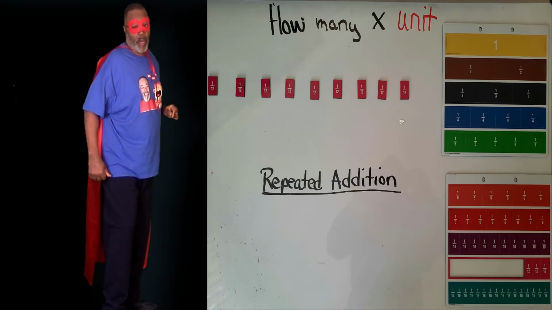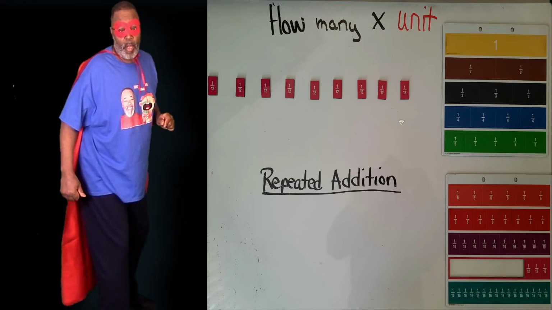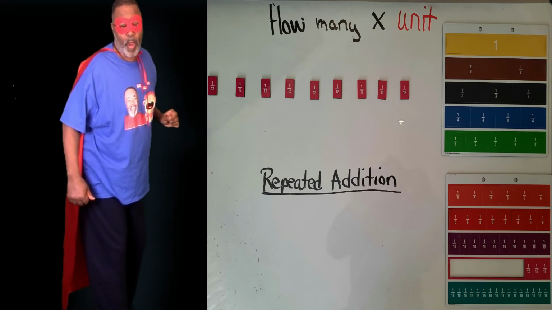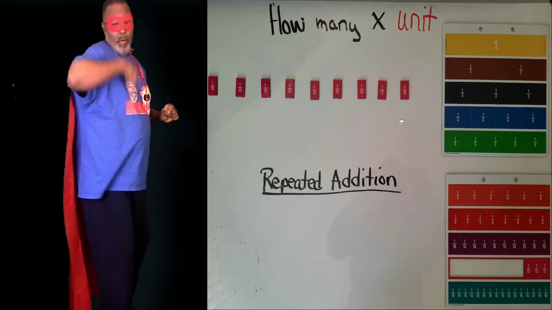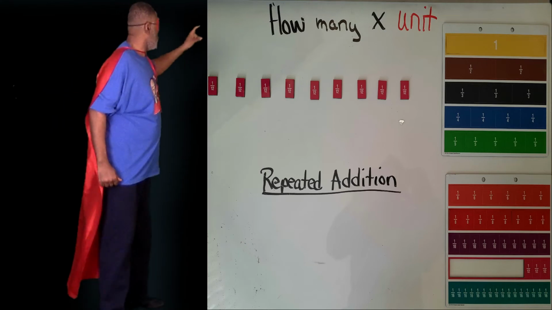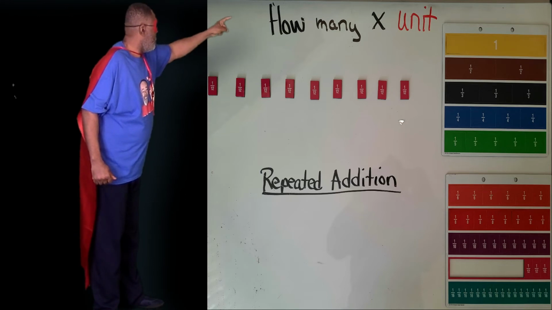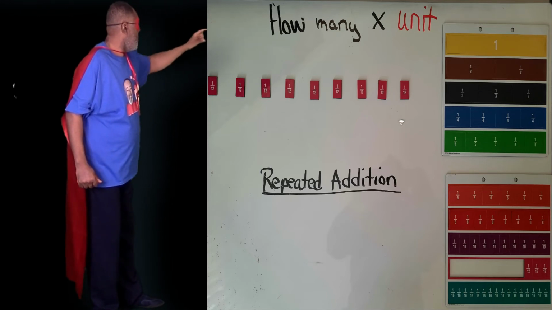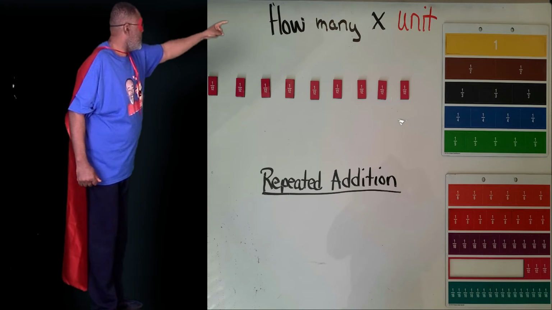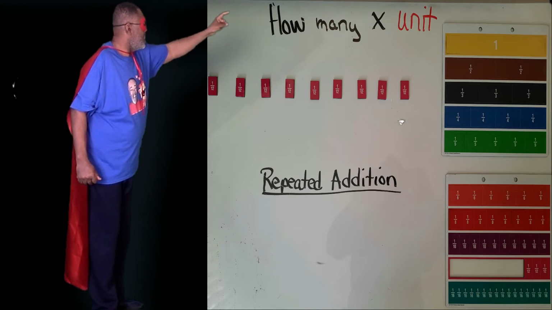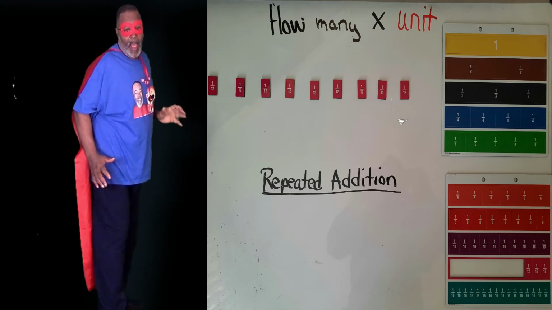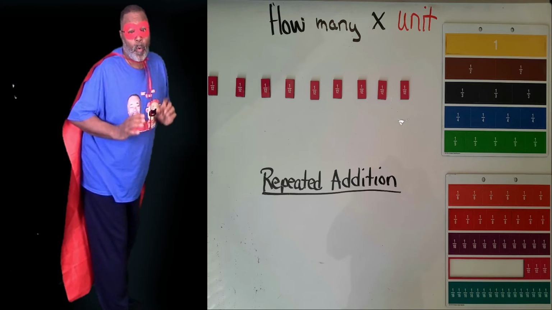My units are 1/12. Now, how many of these 1/12 do I have? Well, let's count it. Ready? 1, 2, 3, 4, 5, 6, 7, 8, 9. I have 9 1/12.